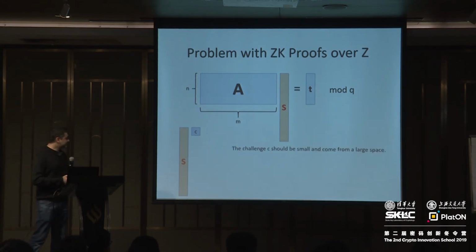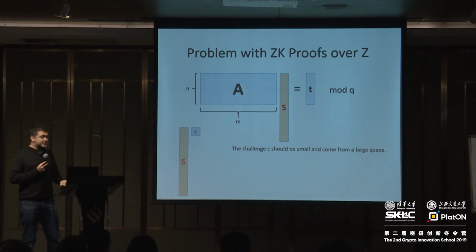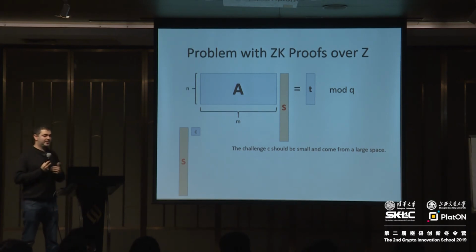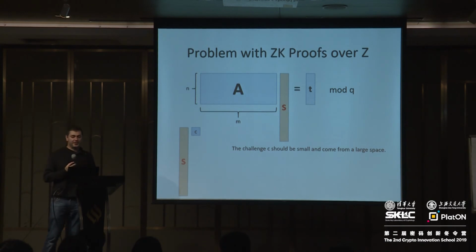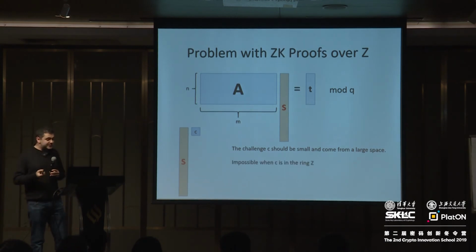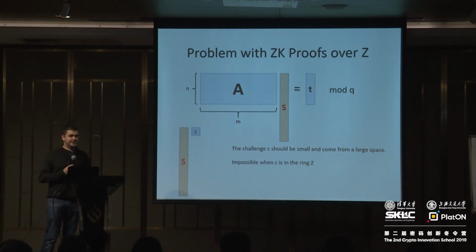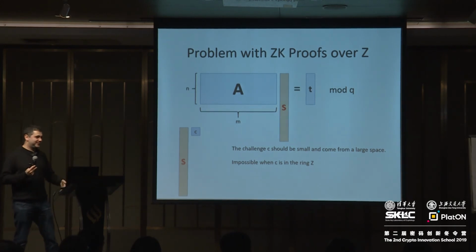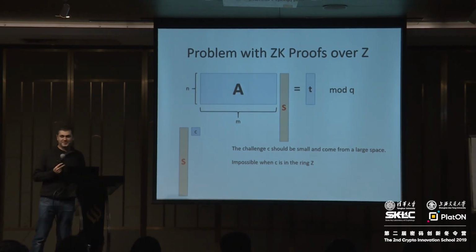And the challenge also had to be small, because we wanted the output, the z, to have small coefficients. You cannot have a large challenge. So the challenge c should be small and come from a large space. And this is really just impossible when c is in the integers, right? There are not a lot of small numbers. You can know exactly how many small numbers there are: define small, and that's how many there are.